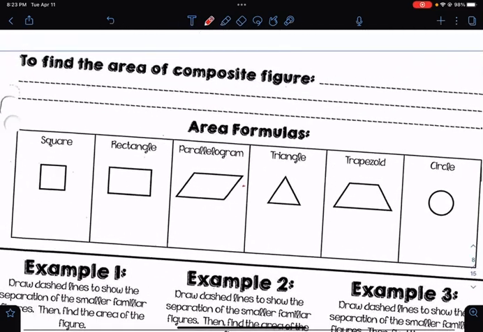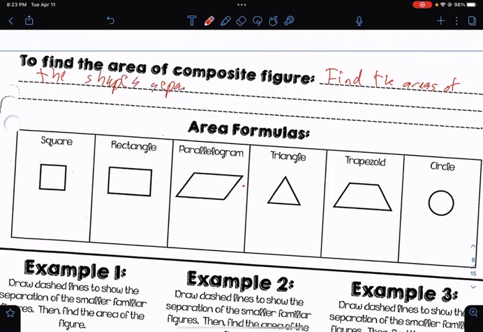To find the area of a composite figure, all you need to do is find the areas of the shapes separately, and then add them together.